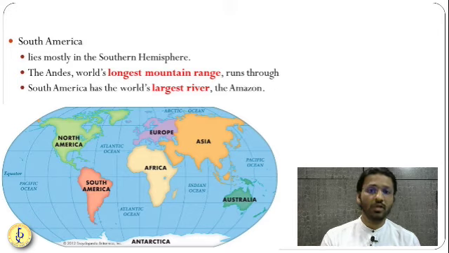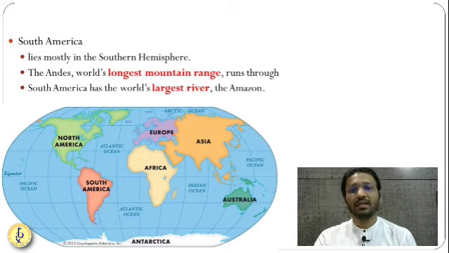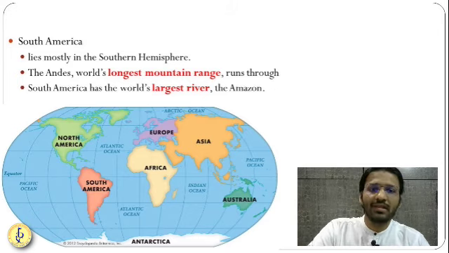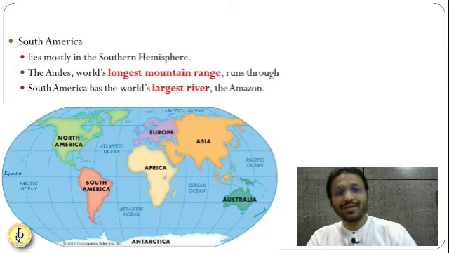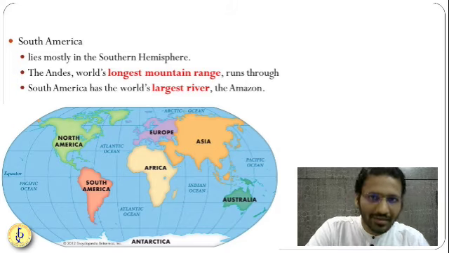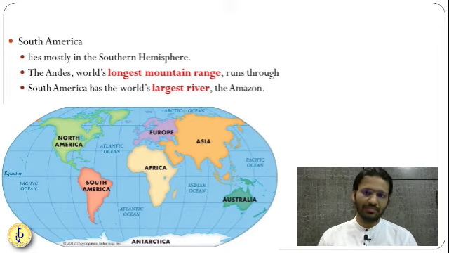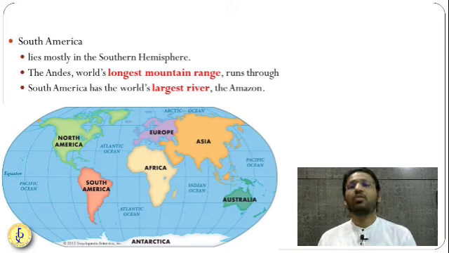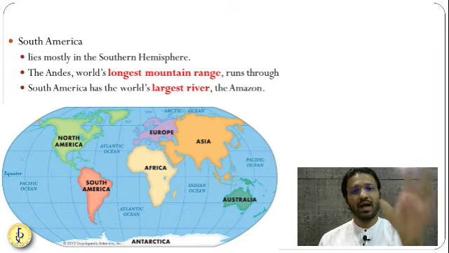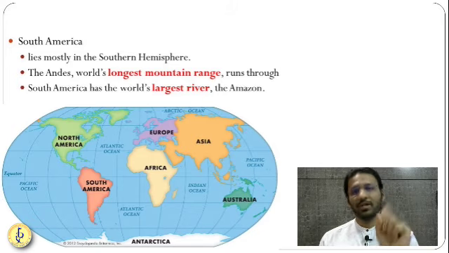Everyone knows the Amazon River. The Amazon is the largest river present in South America. The longest river is present in Africa and the largest river is present in South America. So the longest mountain range, the Andes, and the largest river, the Amazon, are present in South America.